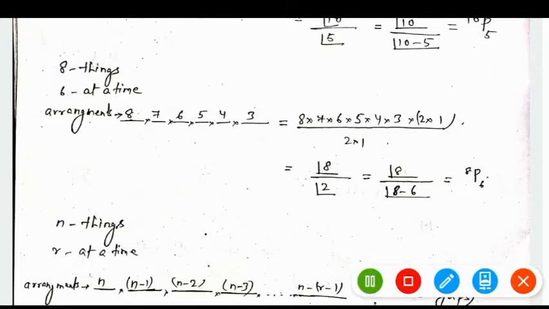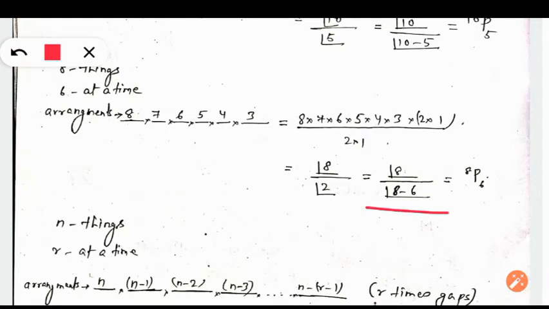Now can I write 2 factorial as (8 minus 6) factorial? So this whole thing is denoted by 8P6. And what do we mean by 8P6? 8P6 means the arrangement of 8 things taking 6 at a time, or the arrangement of 8 things in 6 places.